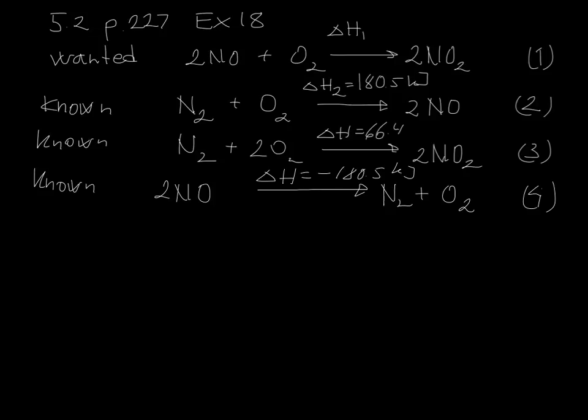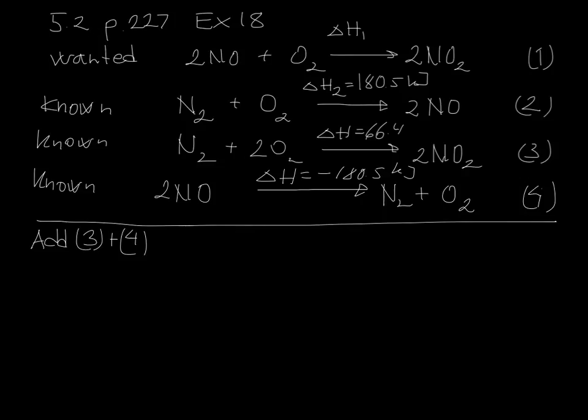Now we're going to add the reactions here. We're going to add 3 plus 4. And if we are lucky, we get number 1. When we add reactions, we take everything that we have to the left in number 3 and number 4. So to the left in number 3 is nitrogen, N2, and 2 oxygen.